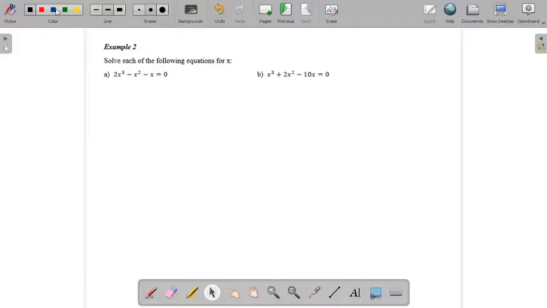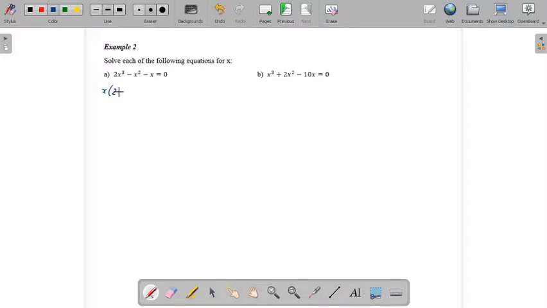All right, the next one we have here is 2x cubed minus x squared minus x equals 0. Whenever you're factorising, you're always looking to see if there's a common factor throughout. We can see here that there is a common factor of x, so we'll take that out first.